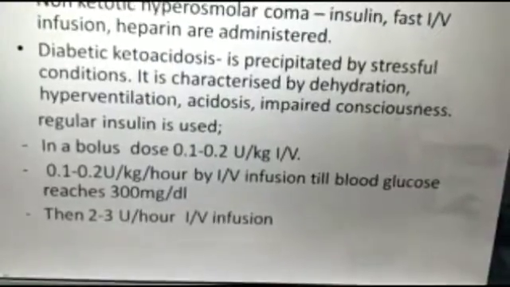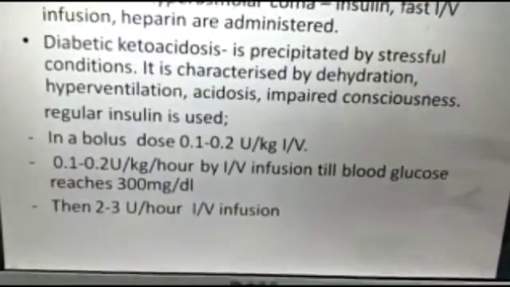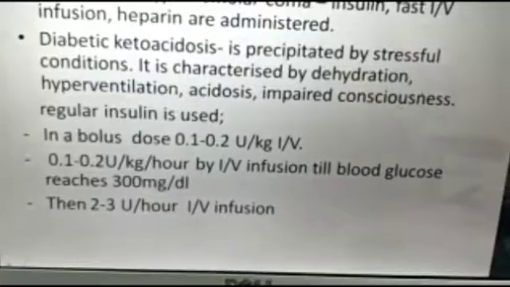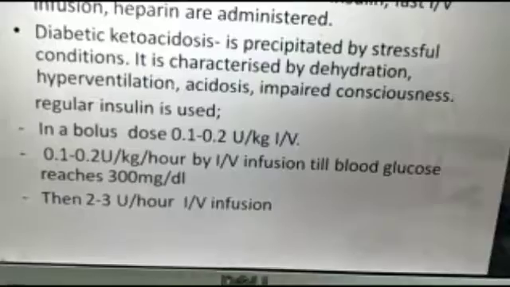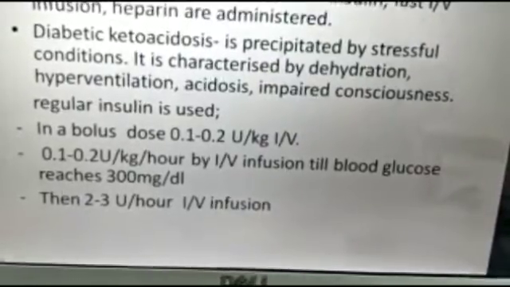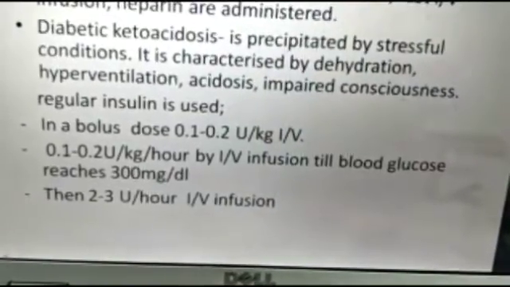Dehydration is due to excessive loss of fluid due to excretion of large amounts of glucose and ketone bodies in the urine, and some amount of fluid is lost in hyperventilation also.